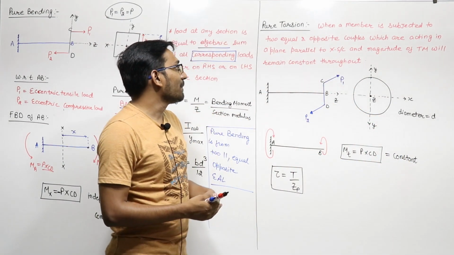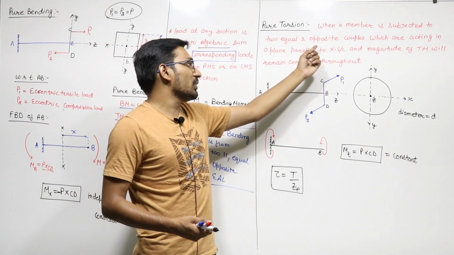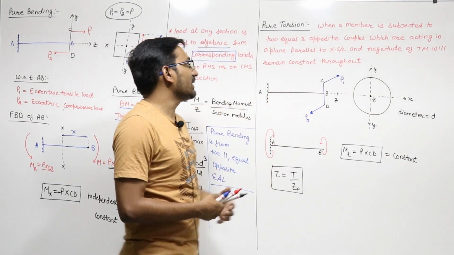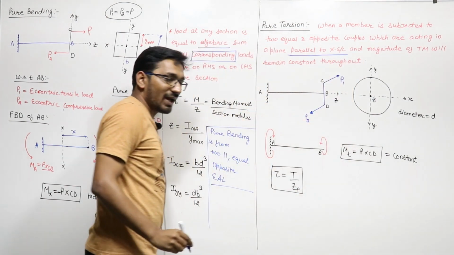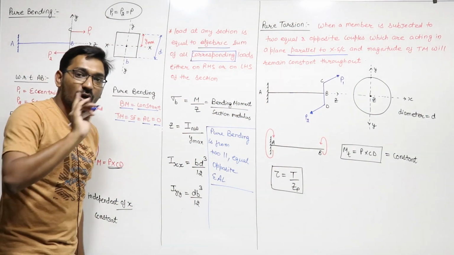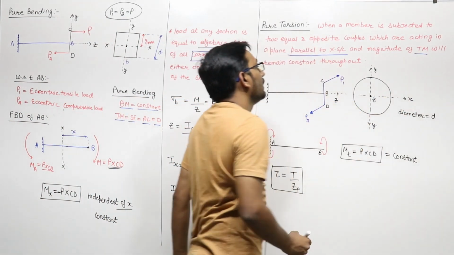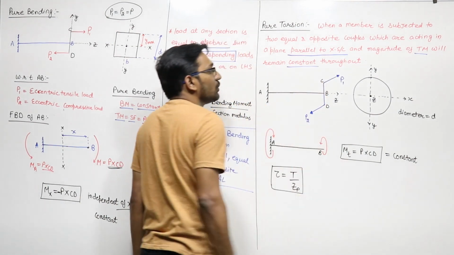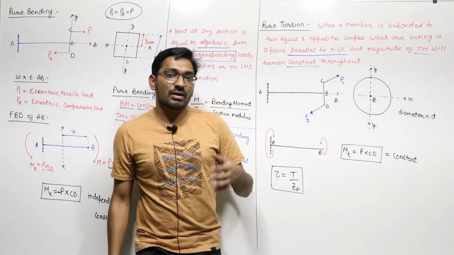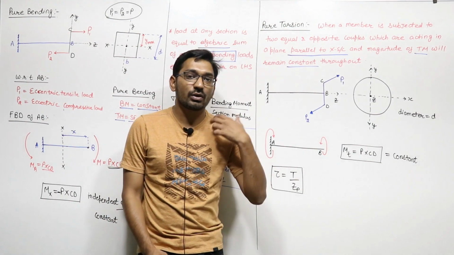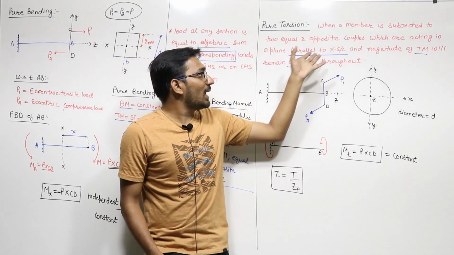So we can say that when a member is subjected to two equal and opposite couples acting in a plane parallel to the cross section, or perpendicular to the longitudinal axis, and the magnitude of the twisting moment remains constant throughout the length of the member, then you can say that the member or the shaft is subjected to pure torsion.